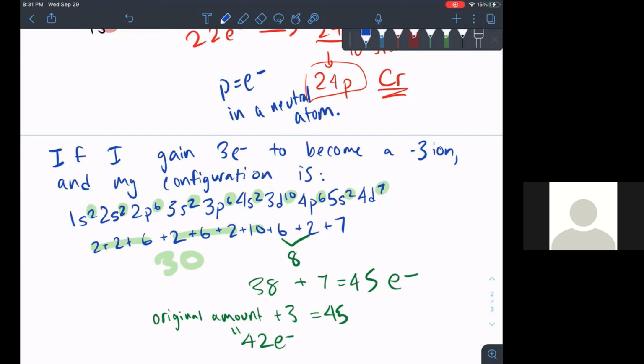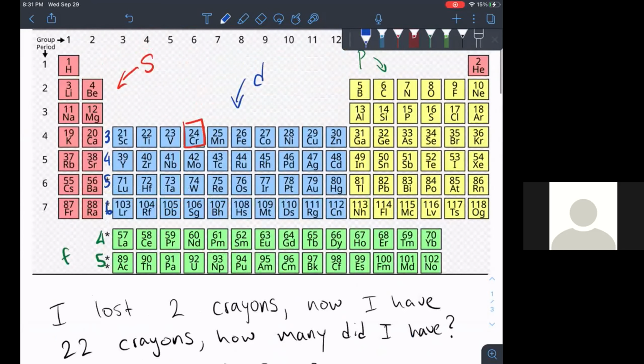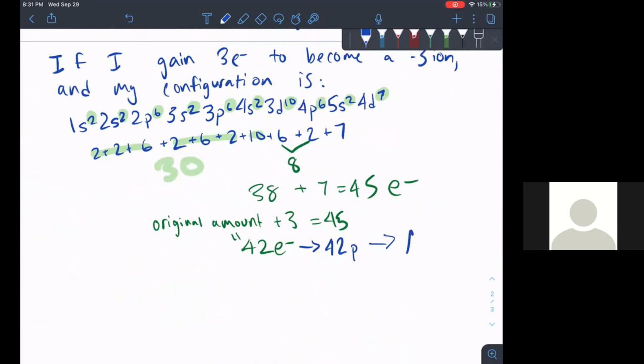So knowing our original amount is 42 electrons, and it became a minus 3 ion, which means it was neutral to begin with, then we have 42 protons, which go into element 42. Oh, right under chromium, molybdenum, Mo. All right, so that's kind of how you do that.